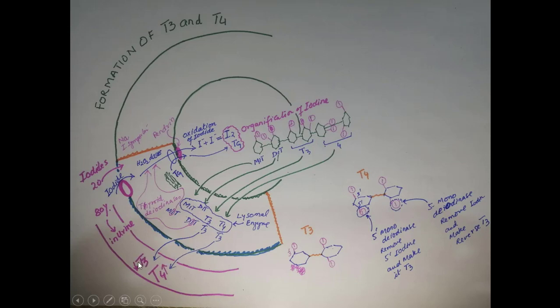Now T3 is formed in very small amounts, the arrow is going down, while T4 is formed in larger amounts, the arrow is going up. Now what happens to MIT and DIT? This monoiodotyrosine and diiodotyrosine are acted upon by the thyroid deiodinases.